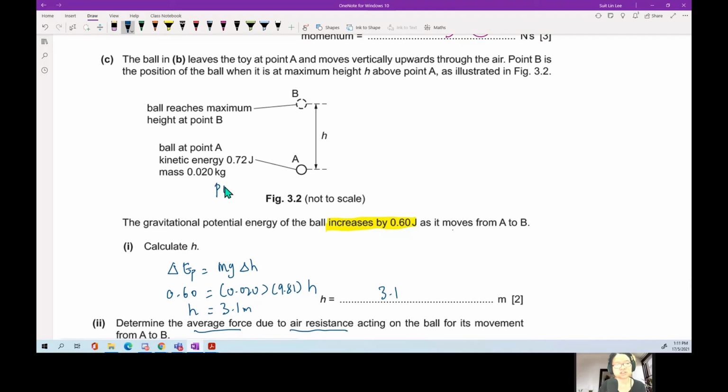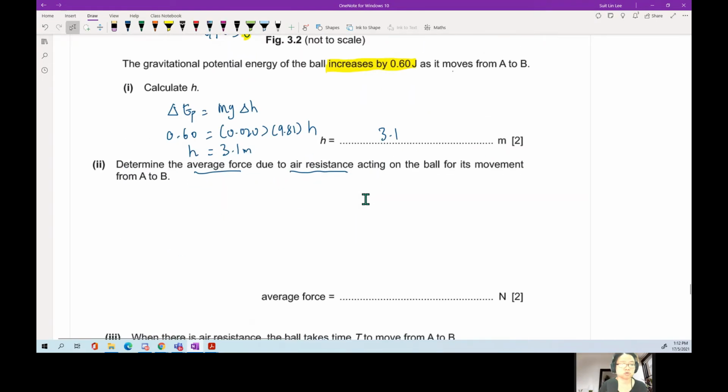But your potential energy, let's say this is your reference point, GPE is 0. When you reach here, your GPE is 0.60, but it is maximum height, so your KE is 0. It doesn't tally, you see? 0.72 plus 0 is not the same as 0.60 plus 0. 0.12 is missing. So 0.12 joule is lost to air resistance or friction.